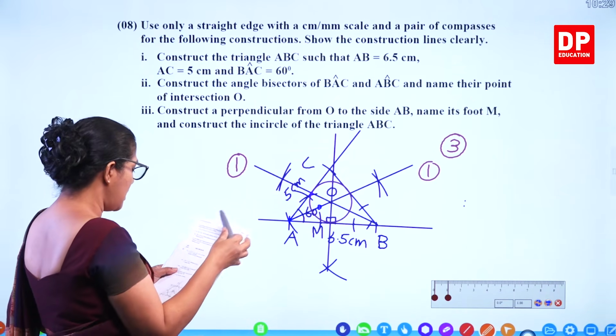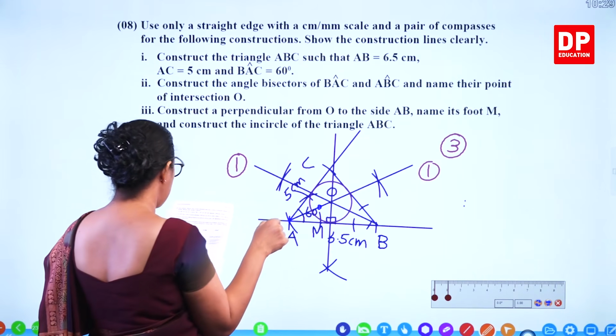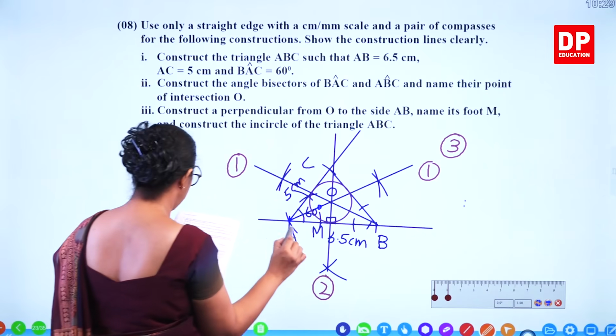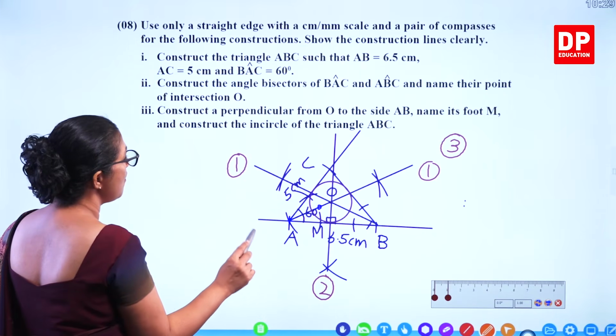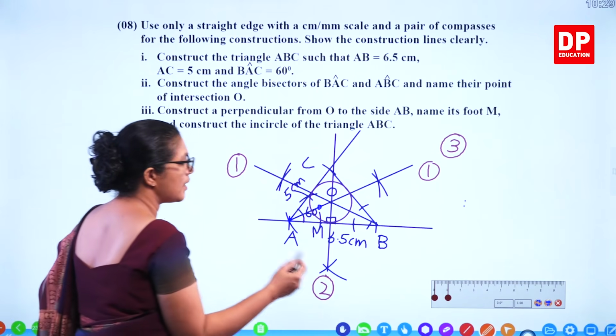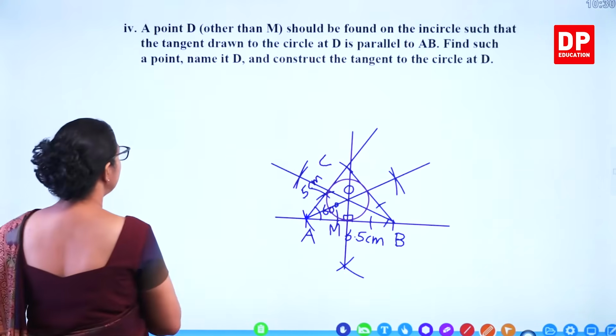And then the perpendicular from O and marking M, 2 marks. So 3, 4, 5, 6, 7 marks for this part. And we'll have a look at the next part.